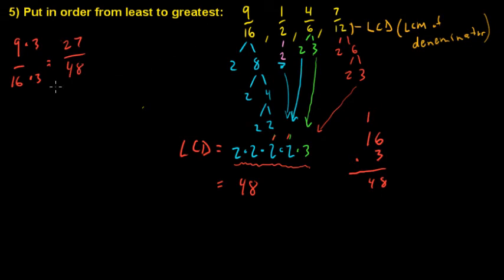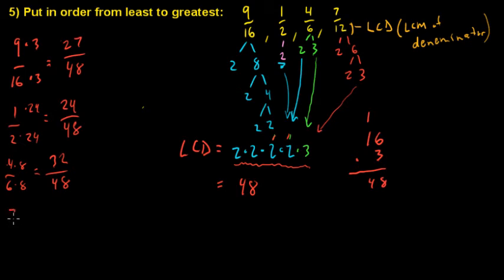The 1/2, multiply this times 24 and this times 24, we end up with 24 over 48. 4 over 6, multiply this by 8 and this by 8, we get 32 over 48. And now we've got 7 over 12. If we multiply this by 4 and this by 4, we get 28 over 48.